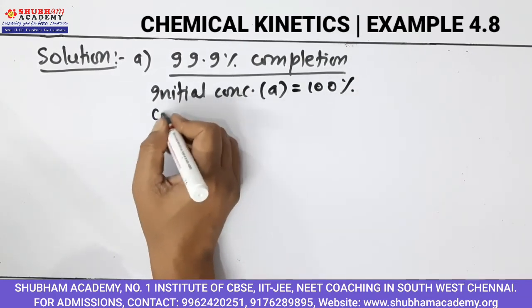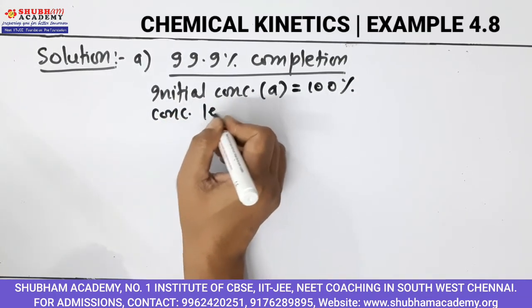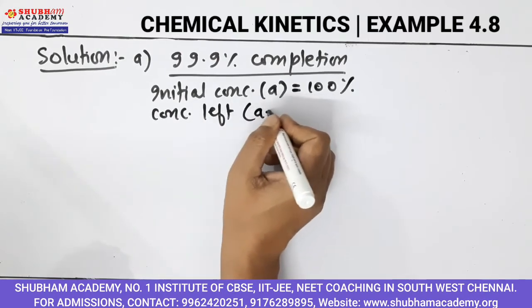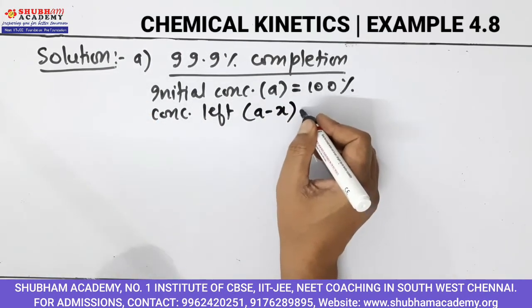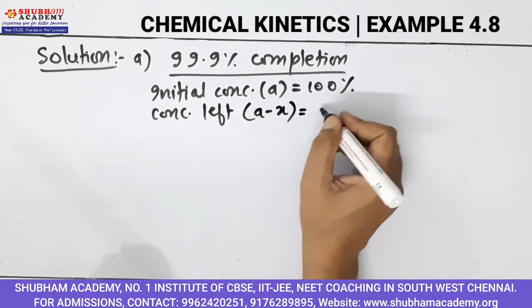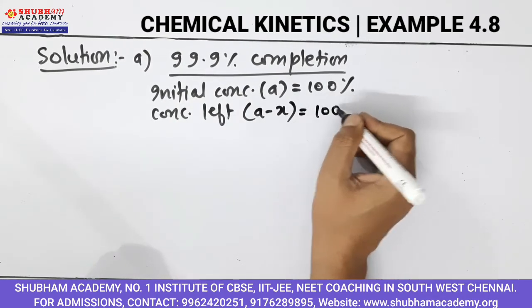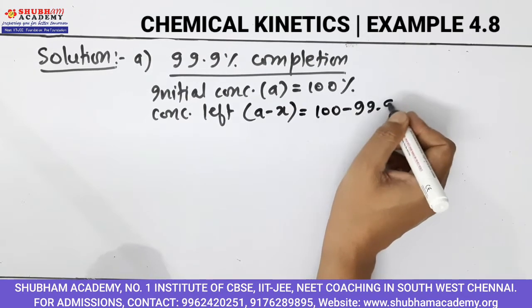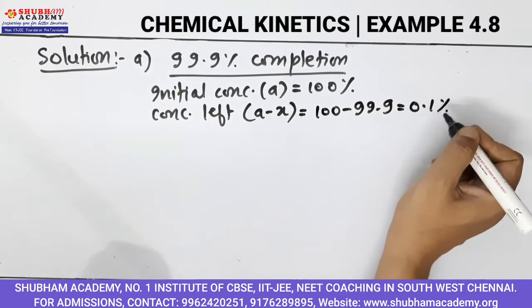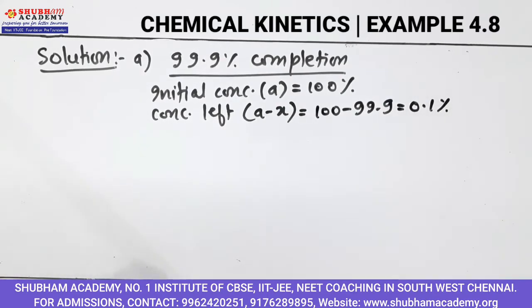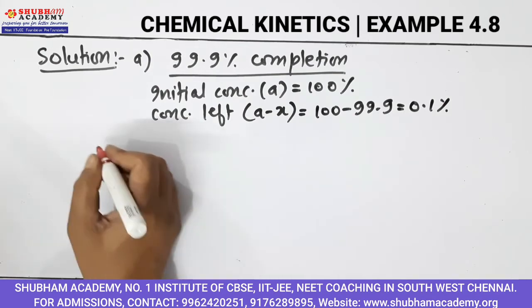Okay. Concentration left, that is A minus X. Now since they are saying 99.9% is completed, that means A minus X is 100 minus 99.9, that is 0.1%.